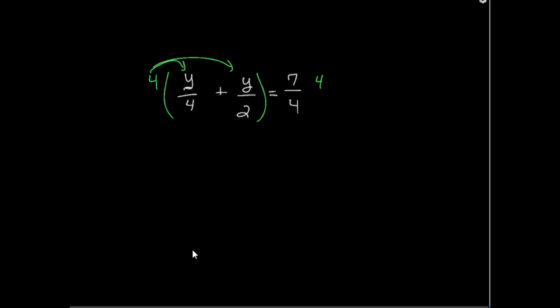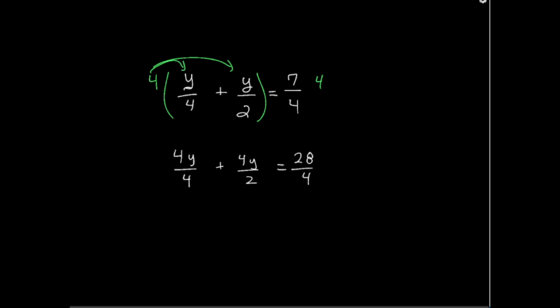So when I distribute that 4, I have 4y over 4 plus 4y over 2 is equal to 28 over 4.